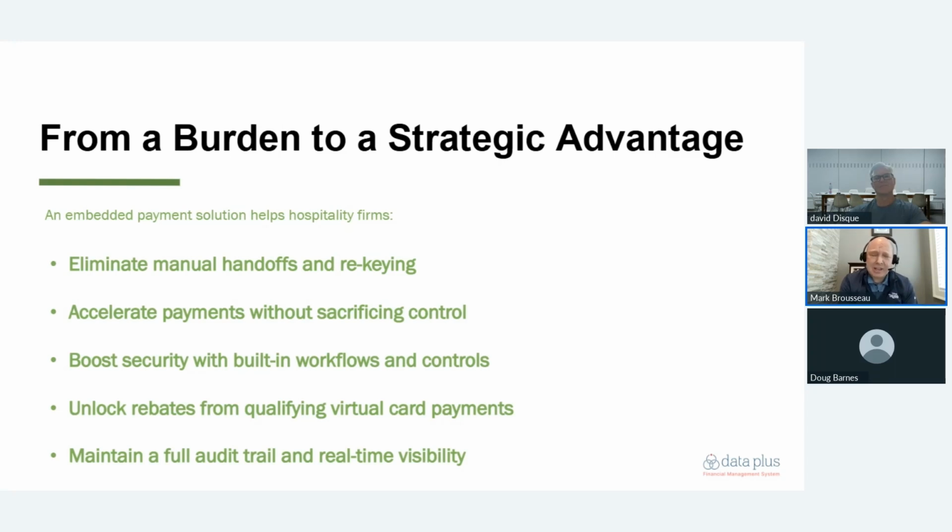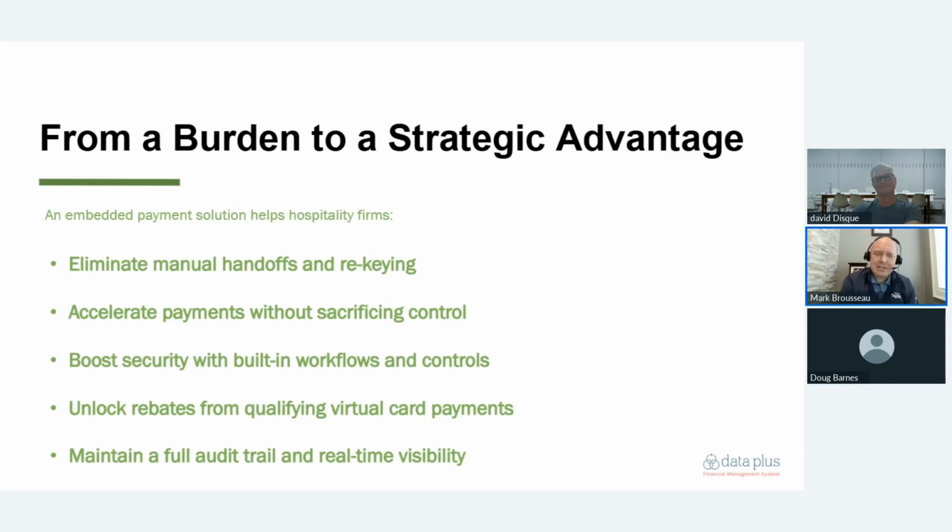As Dave said, you're able to unlock rebates from qualifying payments that you're already making to suppliers in some cases. Some hospitality finance departments are able to use those rebates to offset the overhead associated with their department, in some cases turning accounts payable into a profit center.